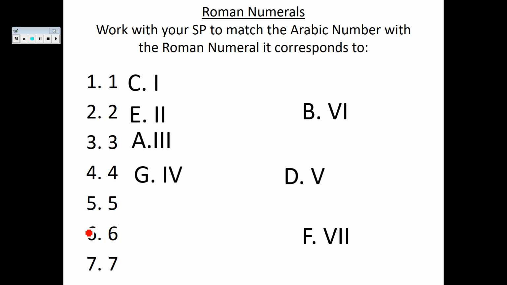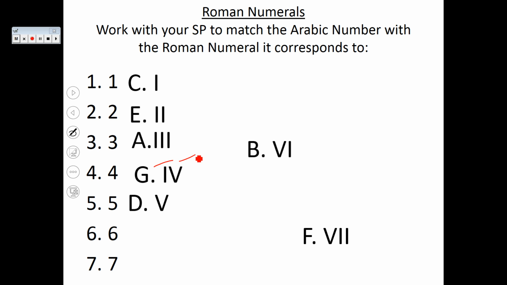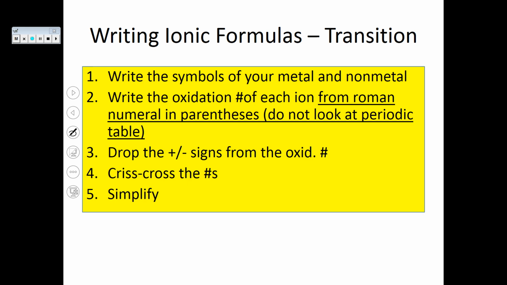Roman numeral 5 is a V. So 4 makes sense because it's 1 before 5, which is 4. 6 is going to be VI, and 7 is going to be VII. So just keep those in mind. If you don't know those, study them, because you will be expected to know what they are on the test without having a reference sheet.